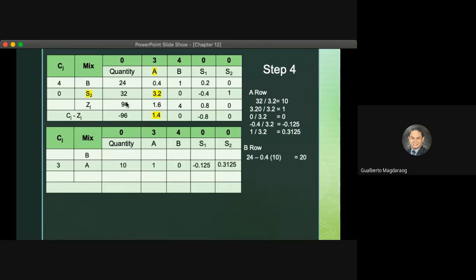We simply deduct yung original amount dun sa intersecting value between A and B, which is 0.4, and then multiply it with what is under it. Kanina above, ngayon naman under it. So 24 minus 0.4 times 10. Pero ganun pa din po, you multiply it first and then you deduct.